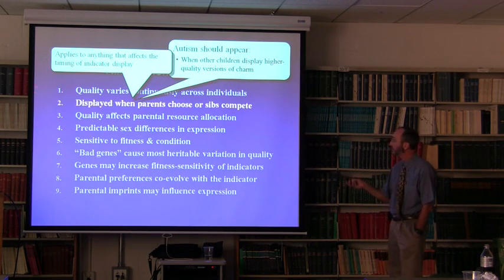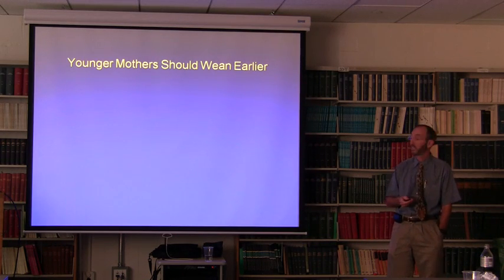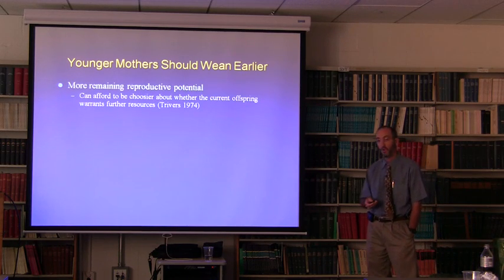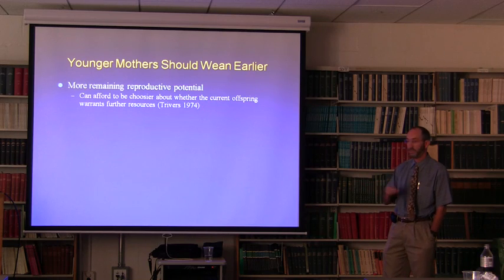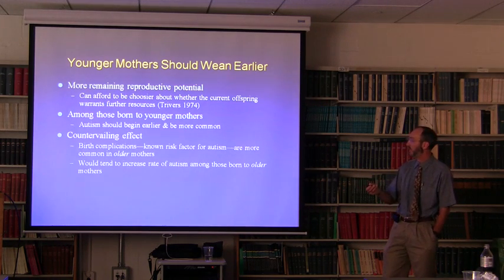This feature, this property, applies to anything that affects the timing of indicator display. So younger mothers should wean earlier. They have more remaining reproductive potential, and they can afford to be choosier about whether the current offspring warrants further resource investment. Among those born to younger mothers, then, autism should begin earlier and be more common, because they've been pickier.